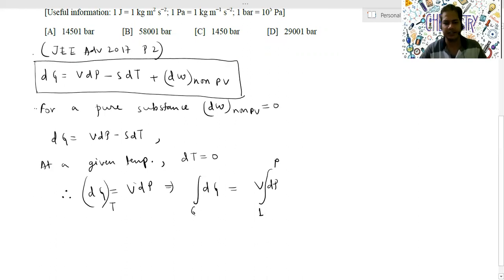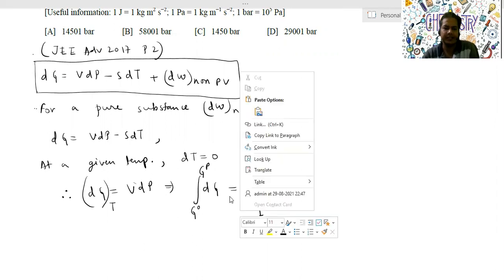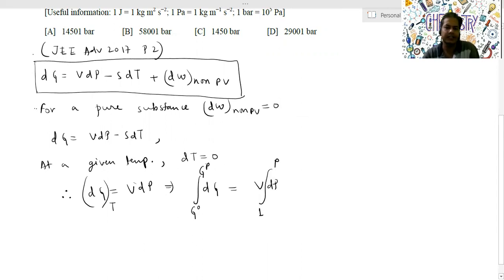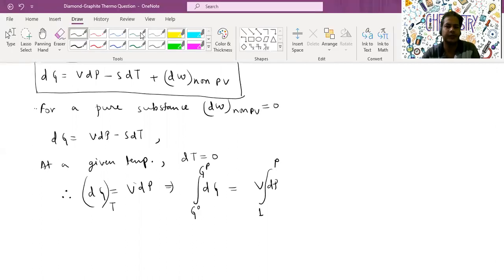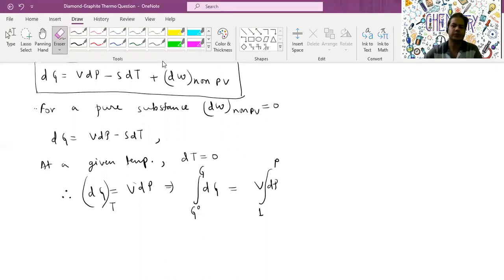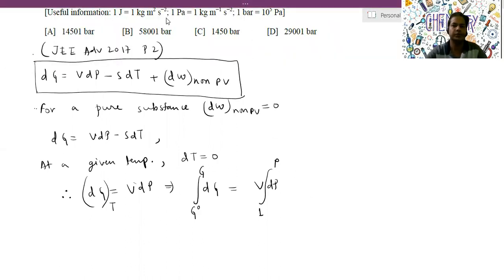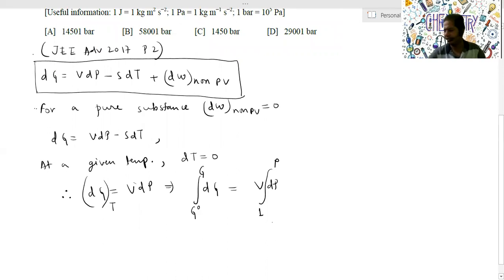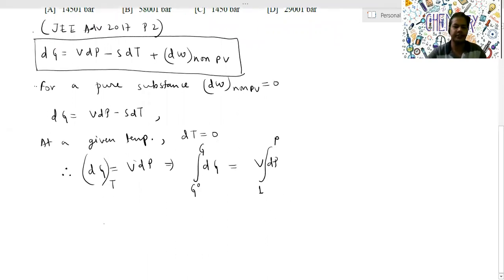At 1 bar, the Gibbs energy will be equal to the standard Gibbs energy, written as G naught, and Gibbs energy at pressure P is simply written as G. On integrating this expression, we'll get G minus G naught is equal to volume into P minus 1. We'll be using this equation to get to our answer.